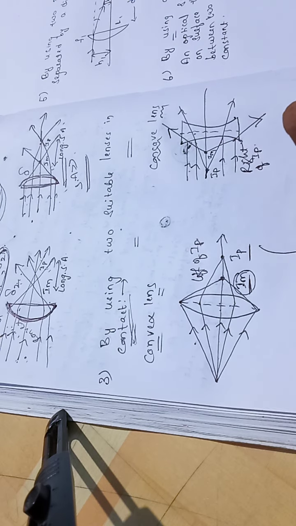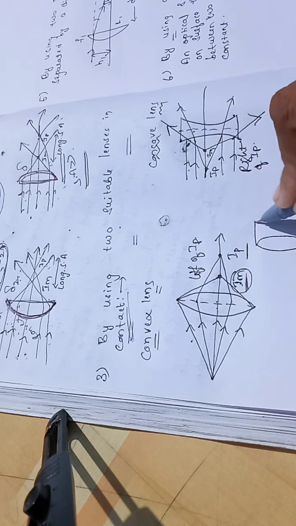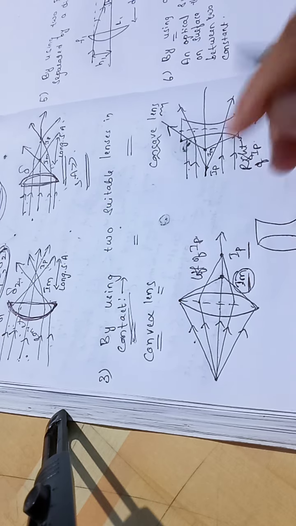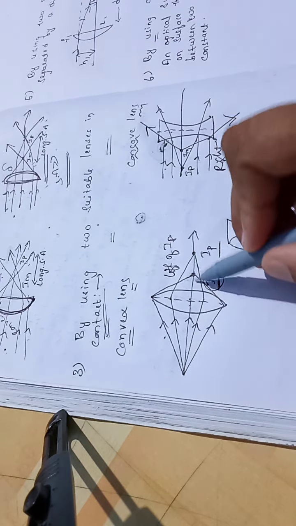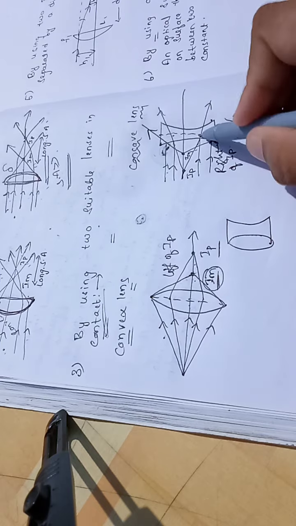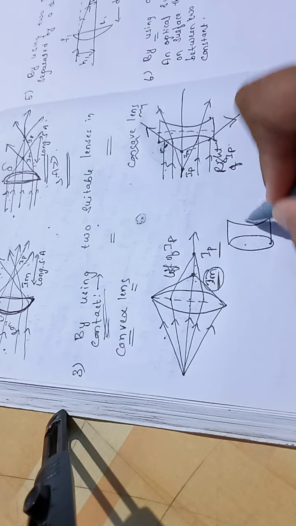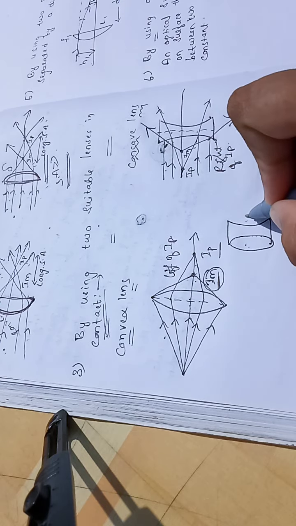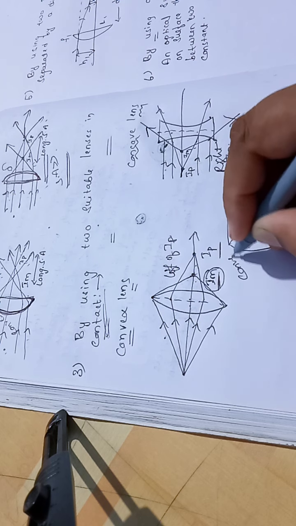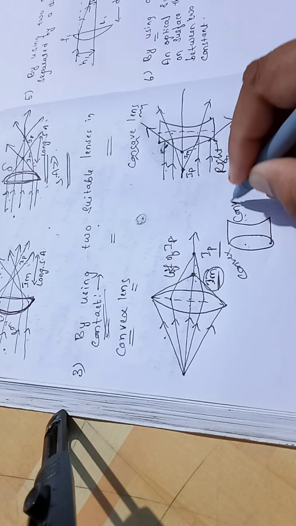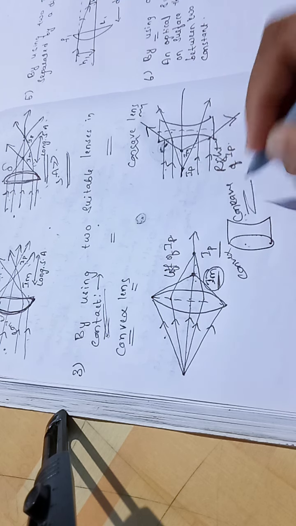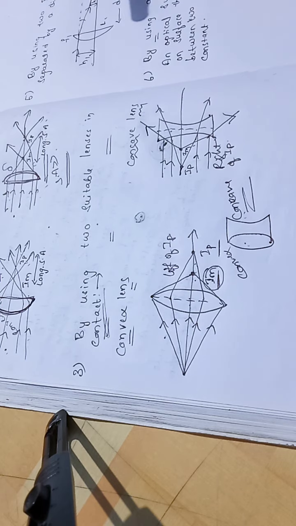So if we combine these two lenses, the convex and concave, then the lens may be free from spherical aberration.